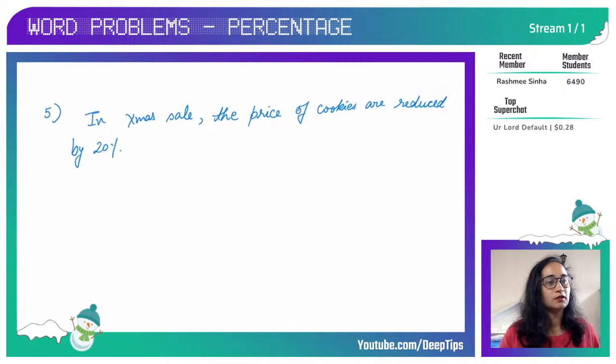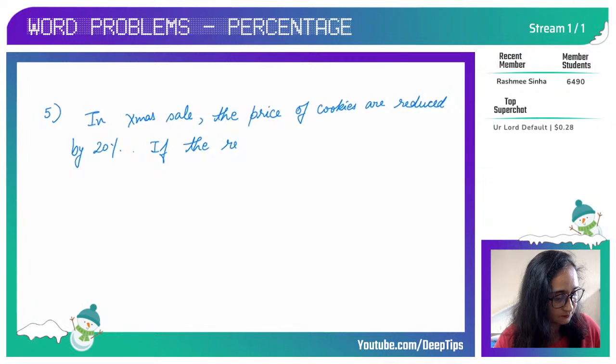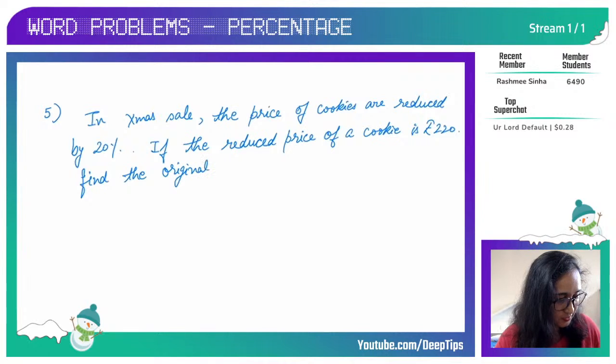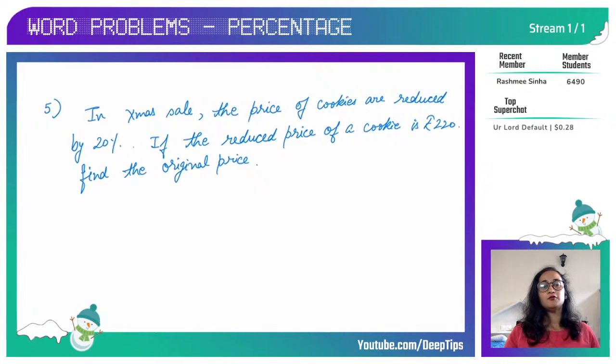If the reduced price of a cookie box is rupees 220, find the original price. So this is a very interesting question. Who all want to know how to solve this? And if anybody knows the answer, they can type in the chat always.